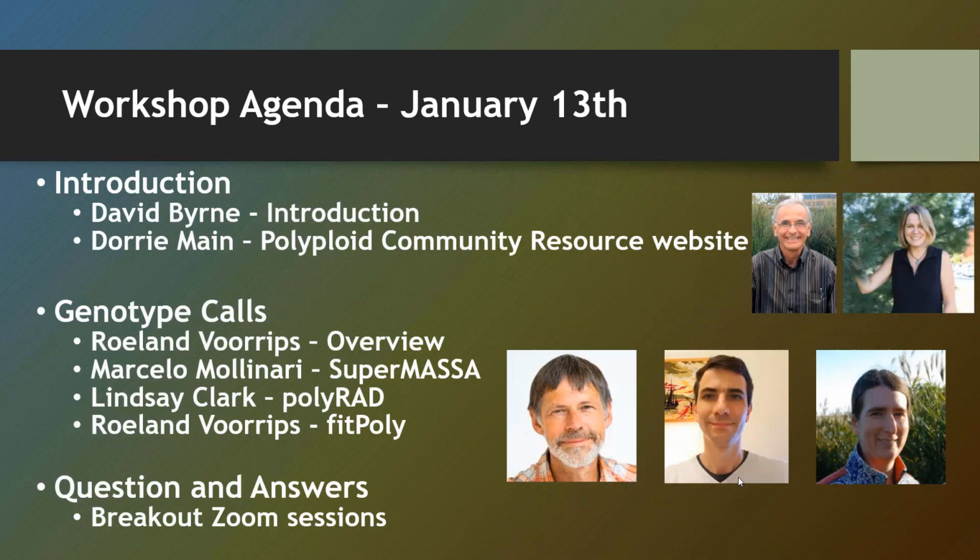Now today, of course, I'm giving you the introduction. After me will follow Dory Main, who will introduce you to the Polyploid Community Research website, which is under construction, but she's rapidly putting new material there. Once we get done with this workshop, all those materials will go on the website as well.